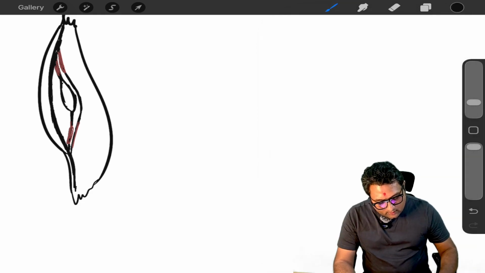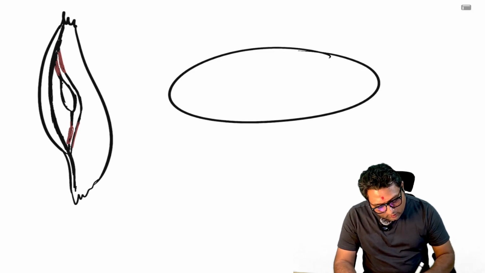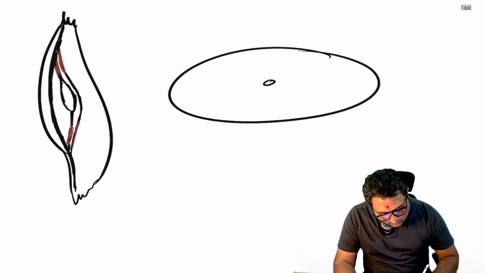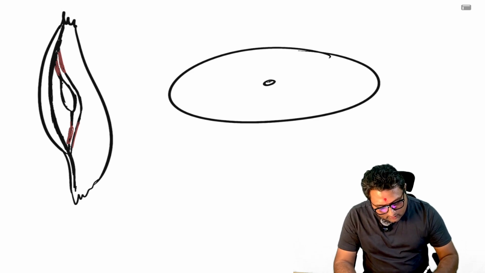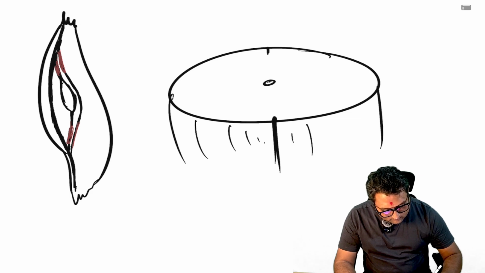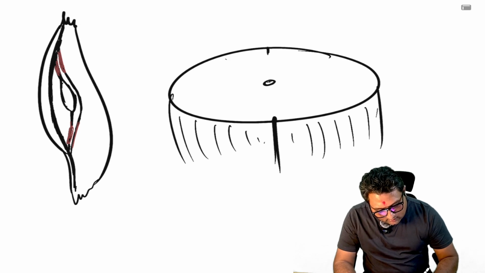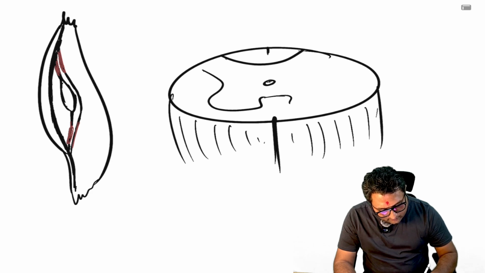Now let's suppose this is your section of spinal cord. It has the central canal, posterior sulcus, anterior sulcus, and the central part of the spinal cord is occupied by gray matter.